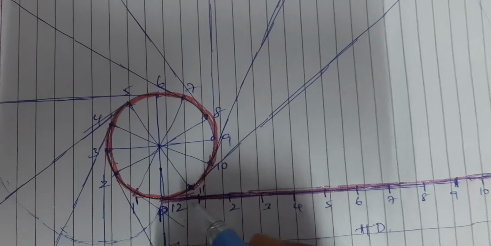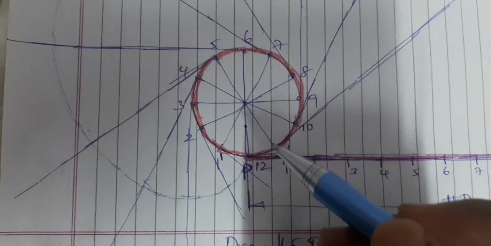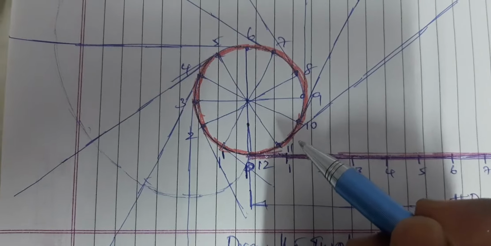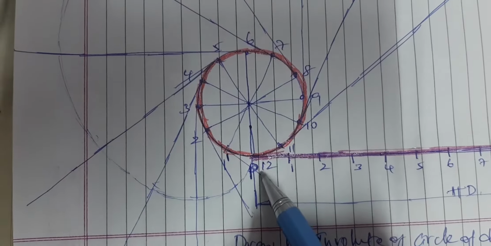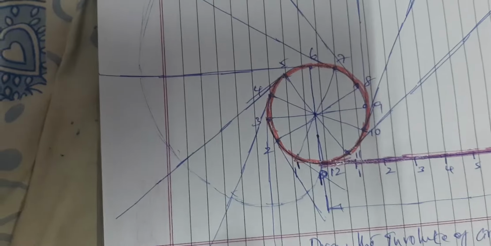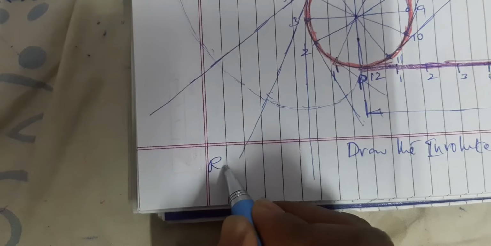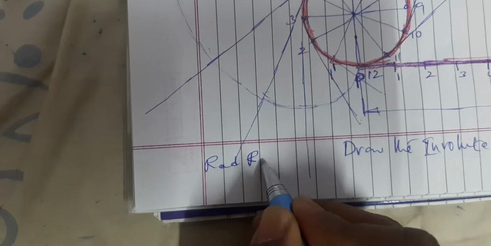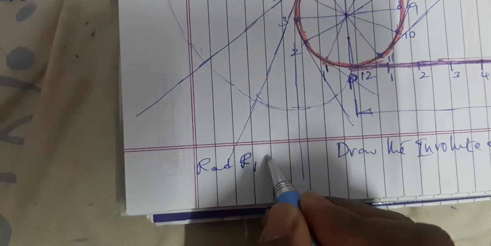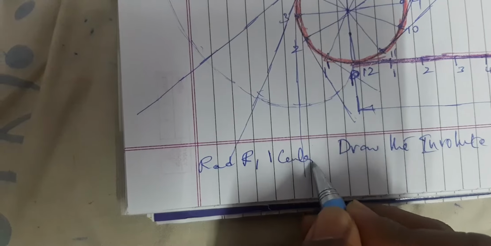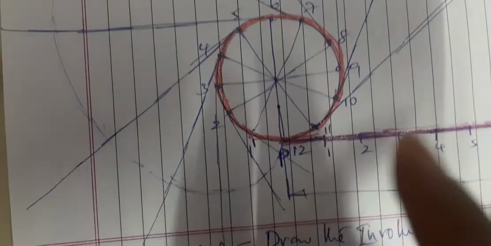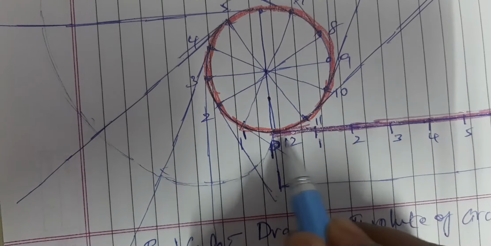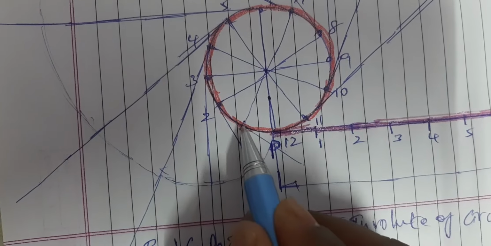So after doing like this, now with the help of a compass, take radius P1 and 1 as center. What is the radius? This one is the radius, 1 as center.